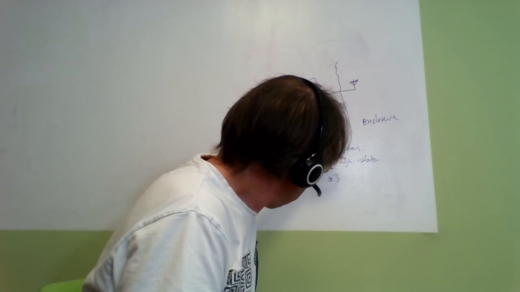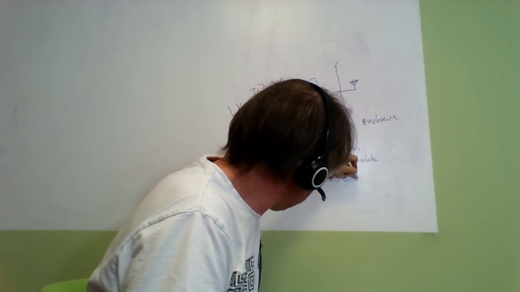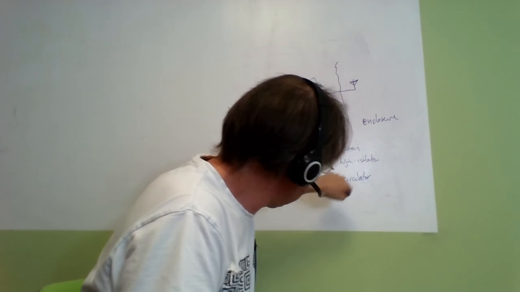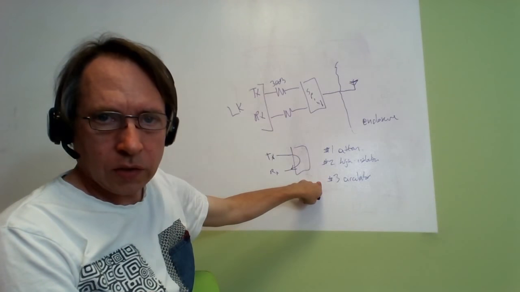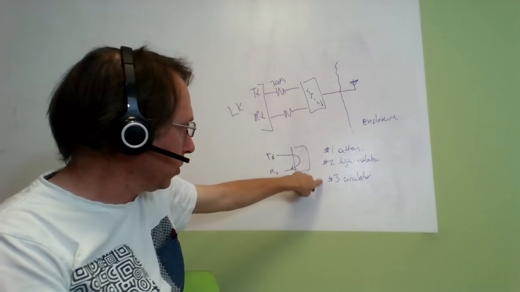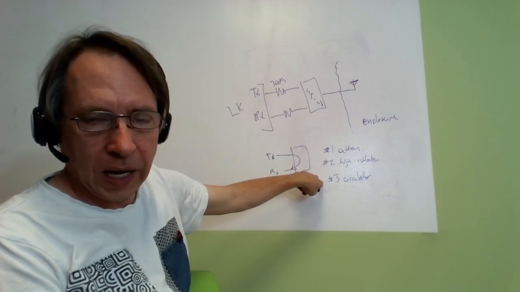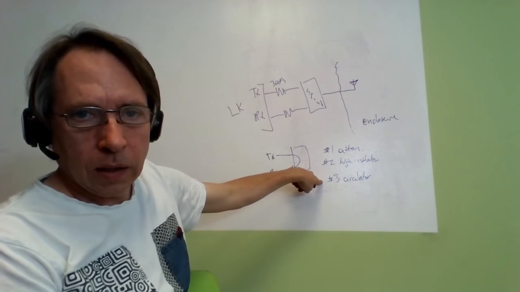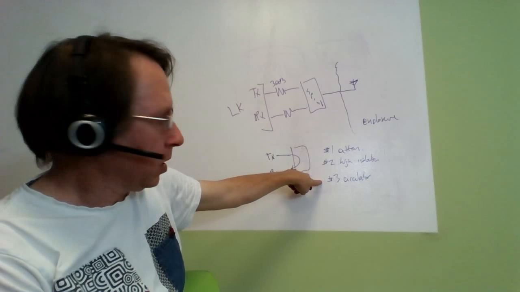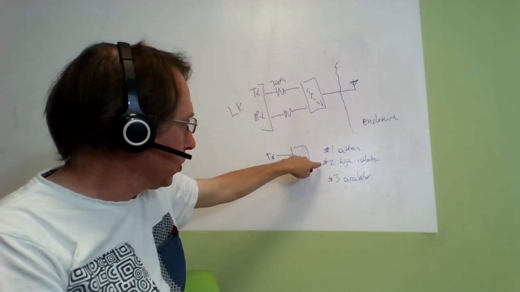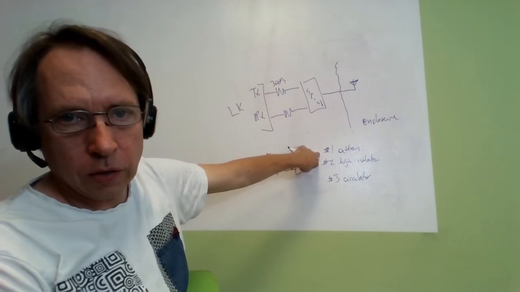Option number three is to use a device called a circulator, which will also give you at least 20 decibels of isolation. The thing about circulators is that they're made for specific bands, so they're band specific, and they're also fairly expensive. Hundreds of dollars versus less than $100 for these solutions.